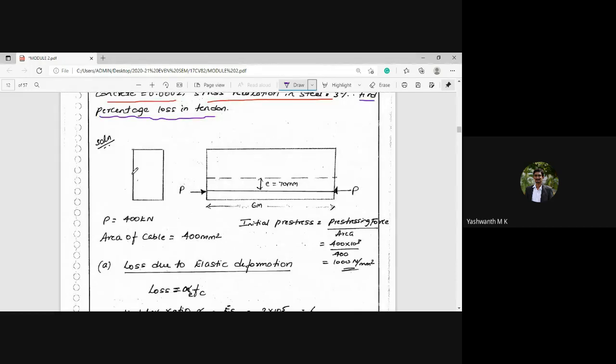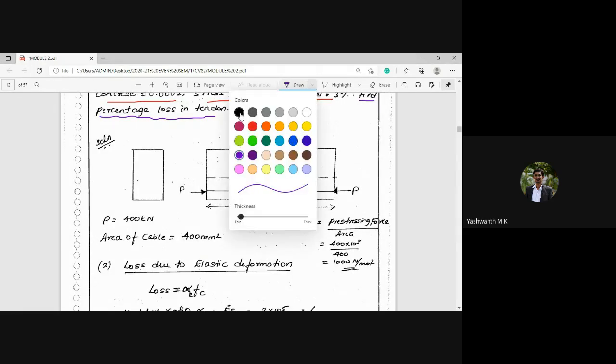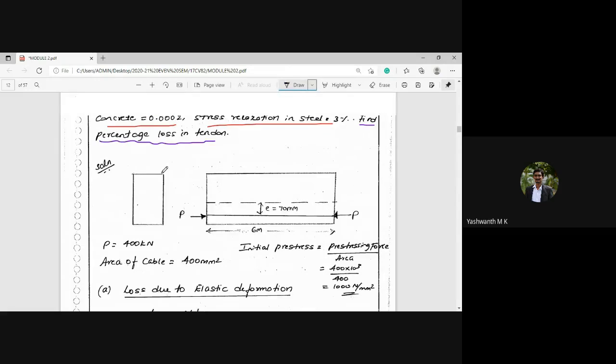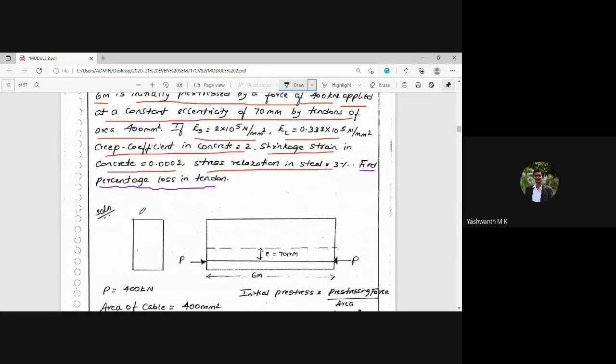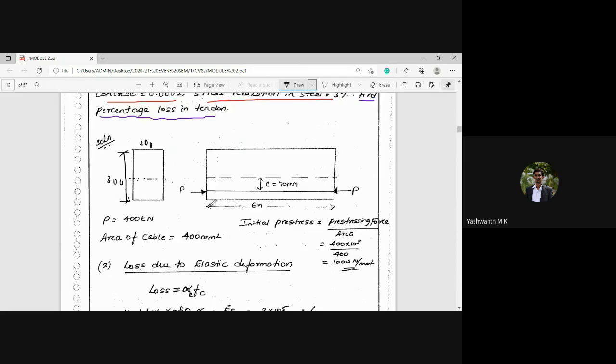So let me draw this, the cross section of the beam. This cross section, as I stated, the width is 230, and the depth of this beam is 300 millimeter. And this will be the centroidal axis of the beam. It is a rectangular section, and this is the longitudinal section of the beam whose span is 6 meter.